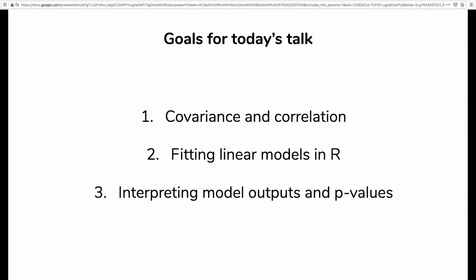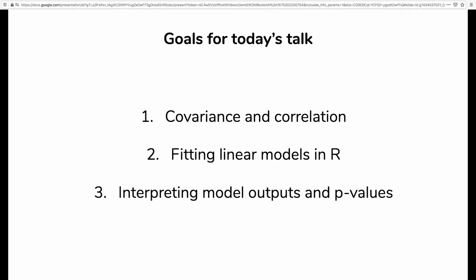The first are two different metrics that we often use to quantify and measure the relationships between variables, called covariance and correlation, two things that you've probably heard of before. Next, we're going to talk about how you practically fit linear models in R, which is pretty straightforward. And lastly, which is going to be really the bulk of the lecture, is how to interpret the model outputs, and specifically the p-values that are returned after you fit a linear model in R and are actually interested in gauging how well it worked in practice.